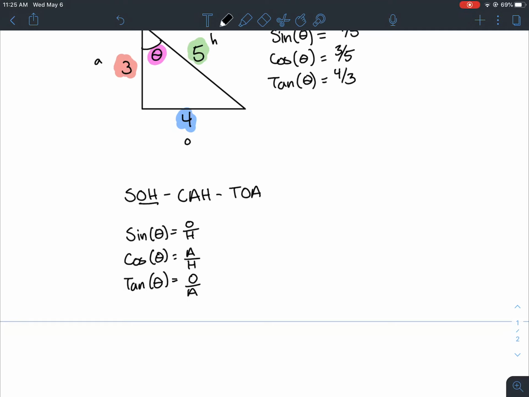And you can see sine, opposite over hypotenuse. Cosine, C, adjacent over hypotenuse. And then our tangent, opposite over adjacent. And that's where we get these in a nice little easy way to remember it called SOHCAHTOA.